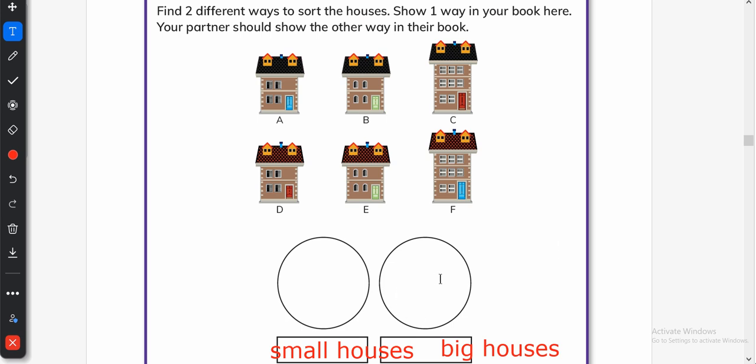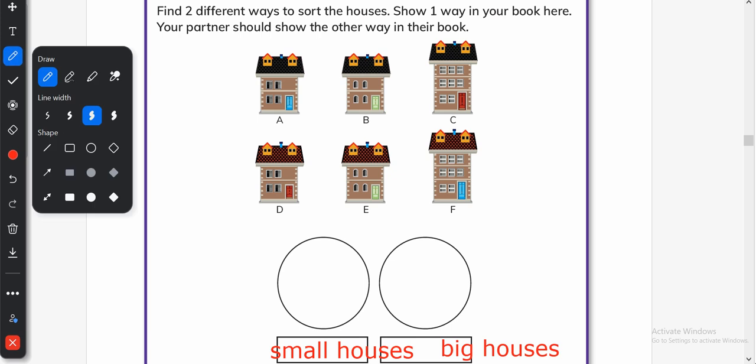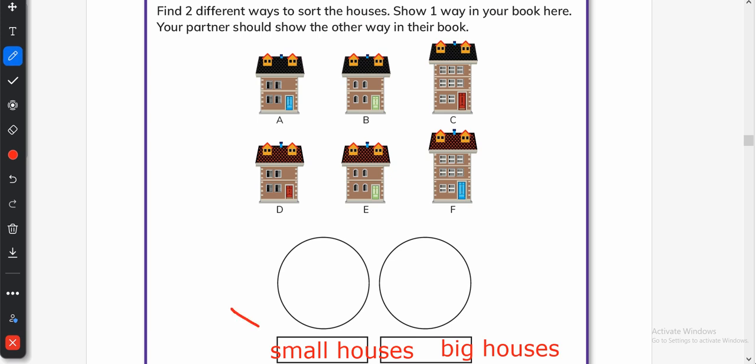You have to write the labels in these boxes here, and then you can sort them: A, B, D and E are small, and the big houses are C and F. Make things easier for grade 1, because if they get confused, they will not like maths anymore.